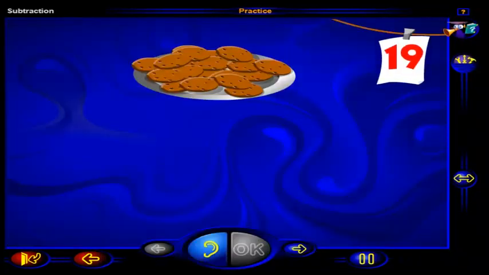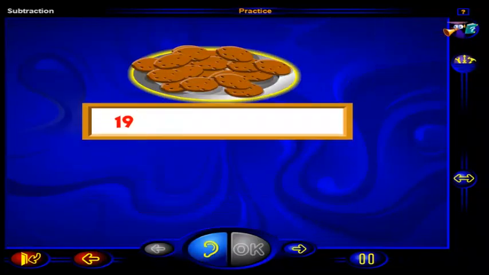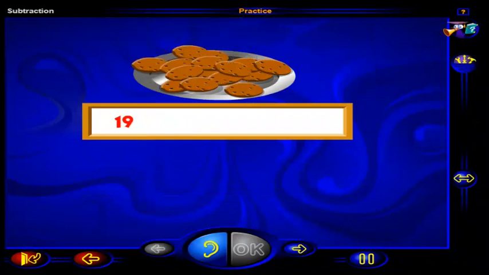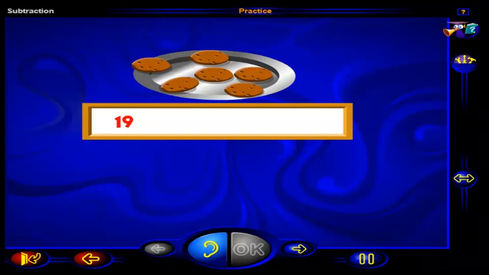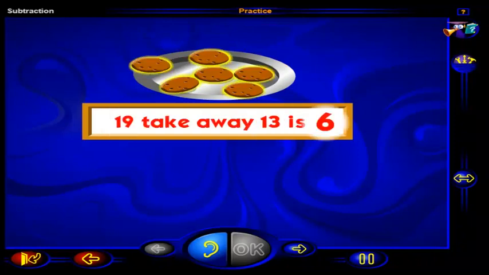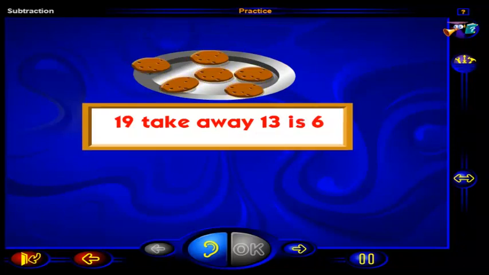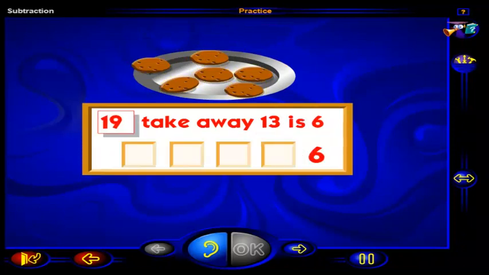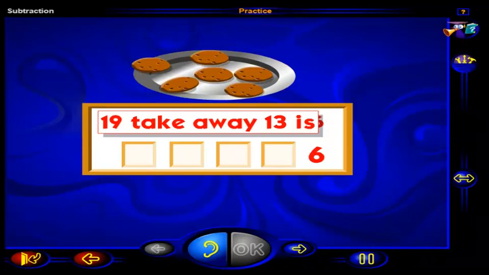There were 19 cookies on this tray. Thirteen of the cookies were eaten. So the number of cookies that are left is 19 take away 13, which is 6. Make a number sentence to show that 19 take away 13 is 6.